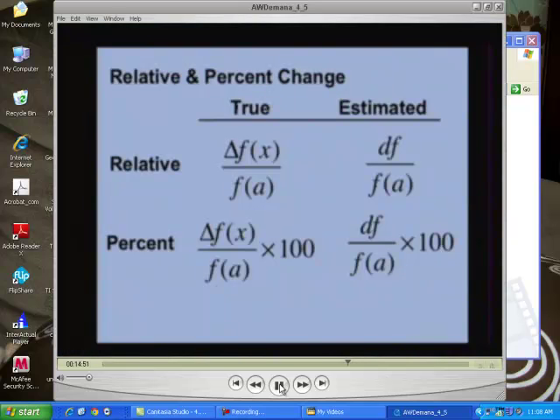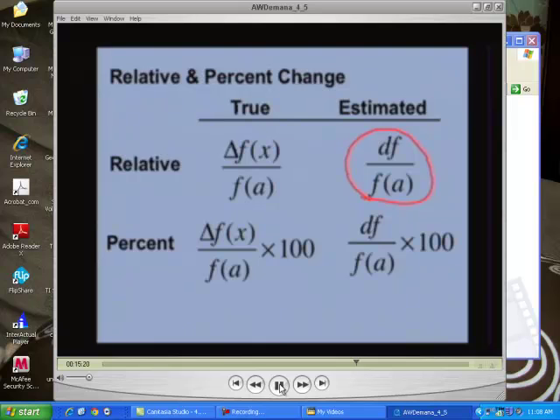My setup is a little bit different. I have relative change and I have my true change and my estimated change. So for relative, the true change is delta f of x divided by f of a. And the estimated change for that is df over f of a.